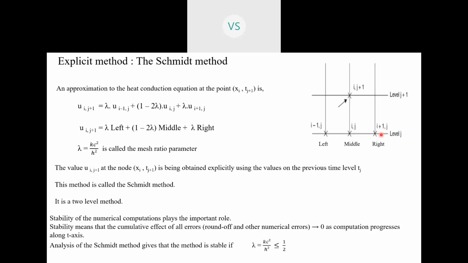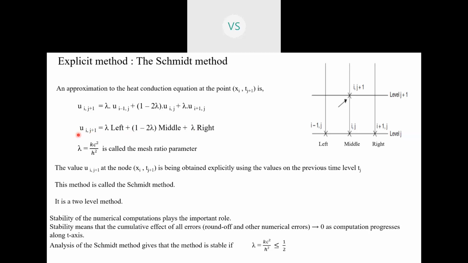And how to write the formula? u_{i,j+1} is equal to lambda into u_{i-1,j} plus (1 minus 2 lambda) into u_{i,j} plus lambda into u_{i+1,j}. In general you can write the formula in this manner; this is the simplest form.